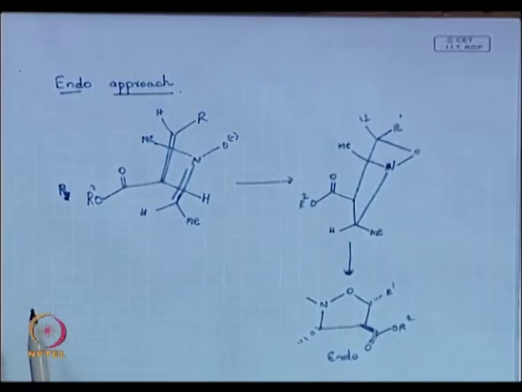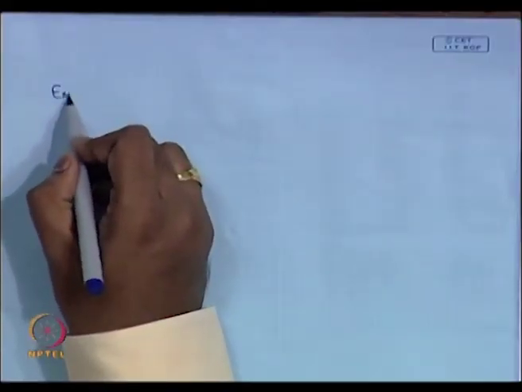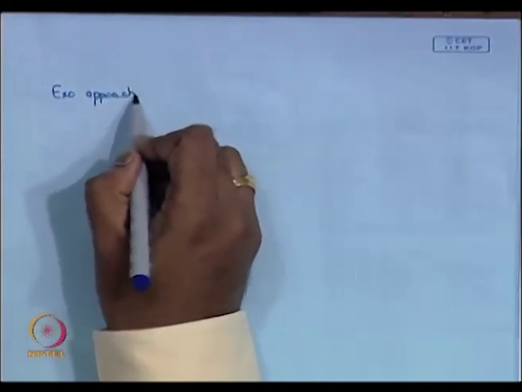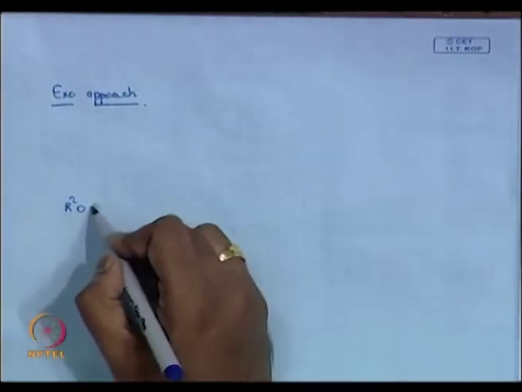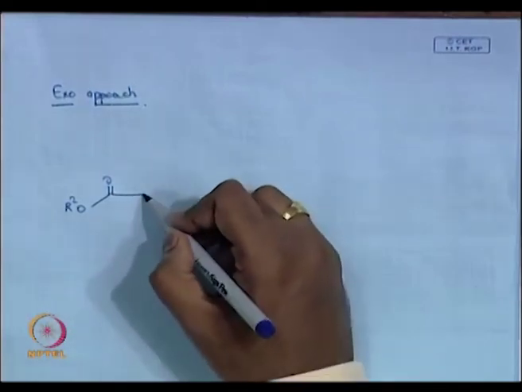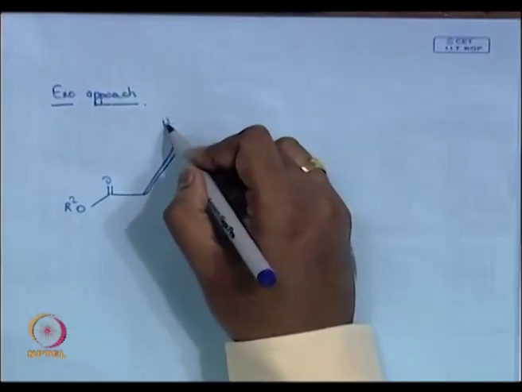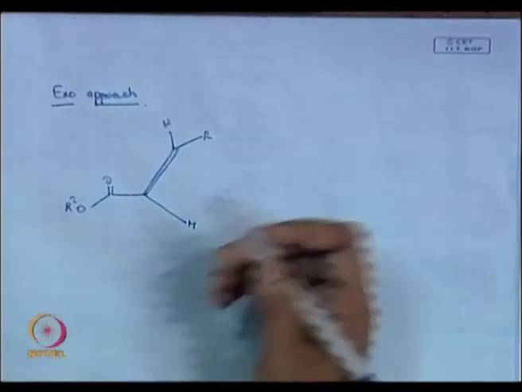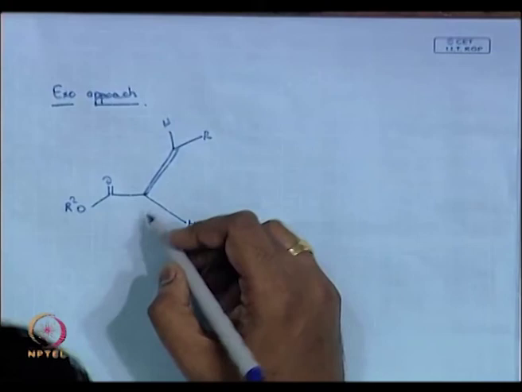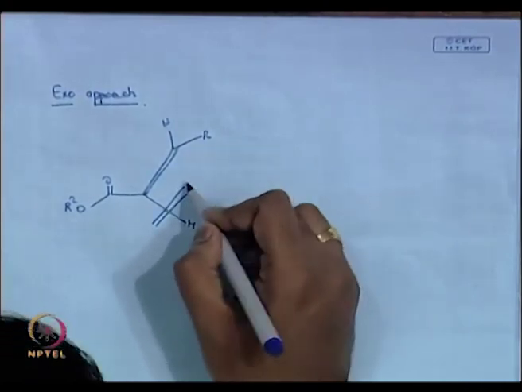Now, what you can do is slowly take it in the exo approach and see how it works. Same thing, you draw it in exo. Same way, can you do it in exo. To have a carbonyl, nitrogen. Now, I am doing the exo way, left with my nitrogen, just flipping around.